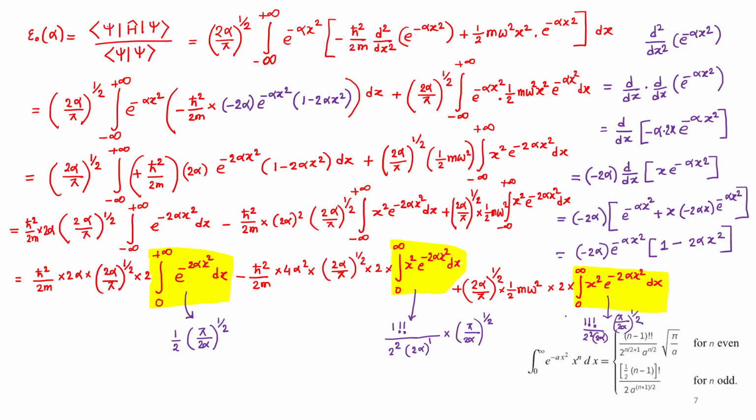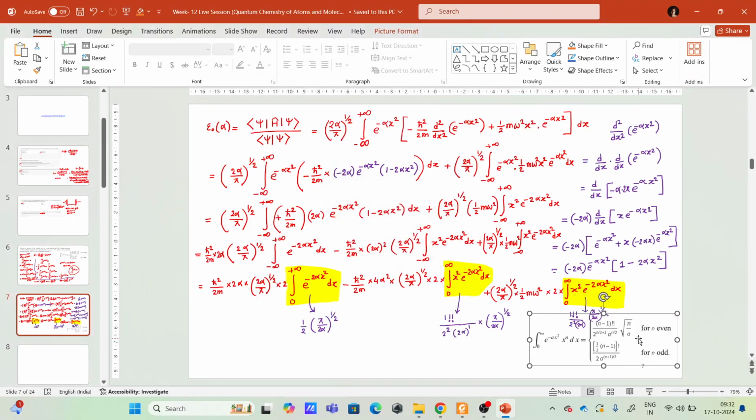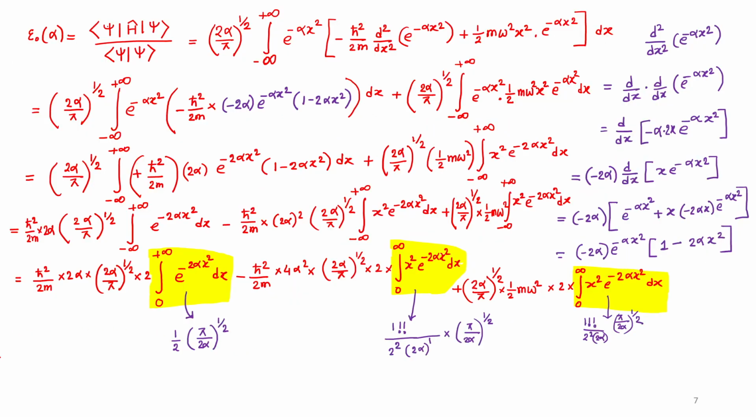So now what I am going to do is delete this and put the integration of all the things here only. It starts with h cut square by 2m into 2 alpha into 2 alpha by pi to the power half into 2 into this.